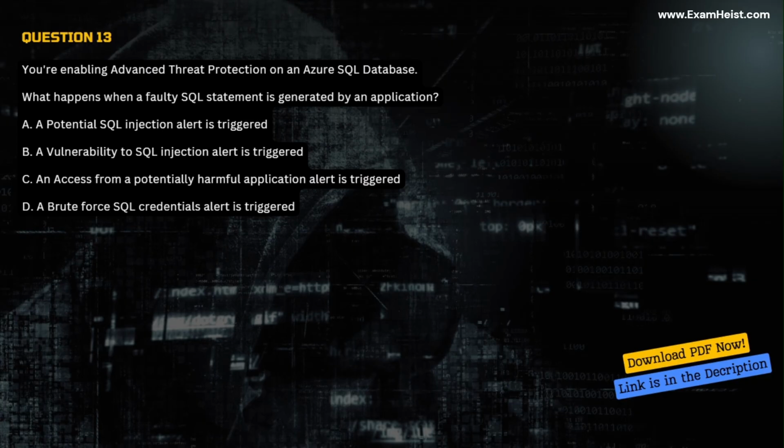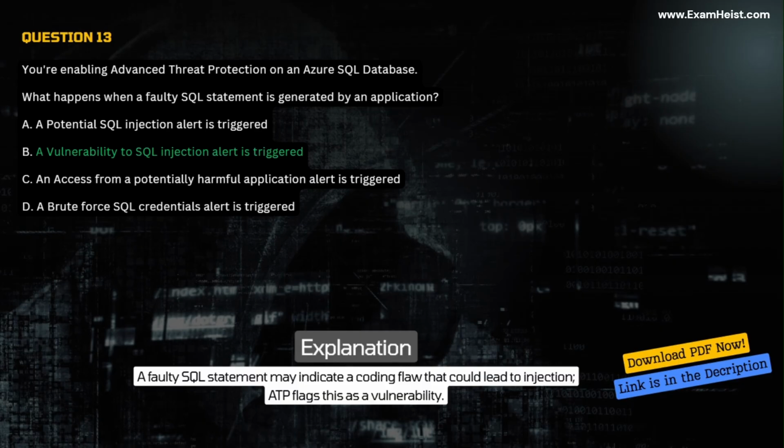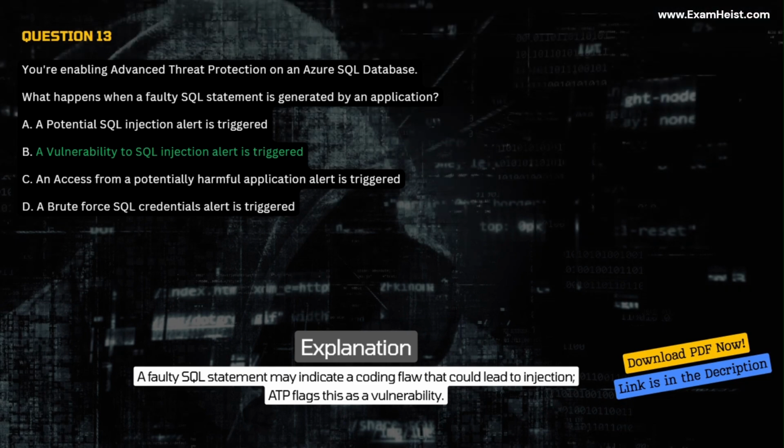D. A brute force SQL credentials alert is triggered. Correct answer B. A vulnerability to SQL injection alert is triggered. Explanation. A faulty SQL statement may indicate a coding flaw that could lead to injection. ADP flags this as a vulnerability.